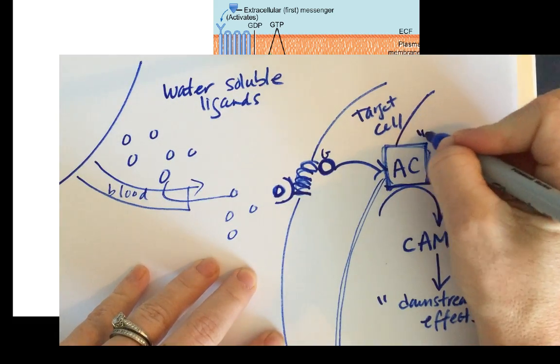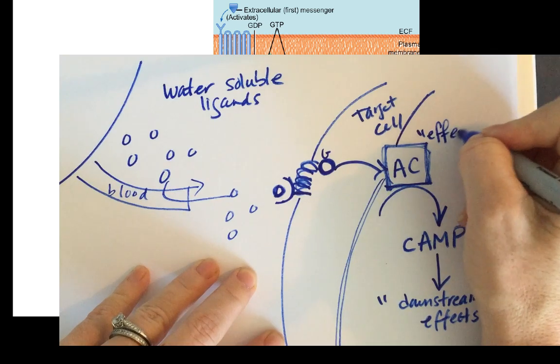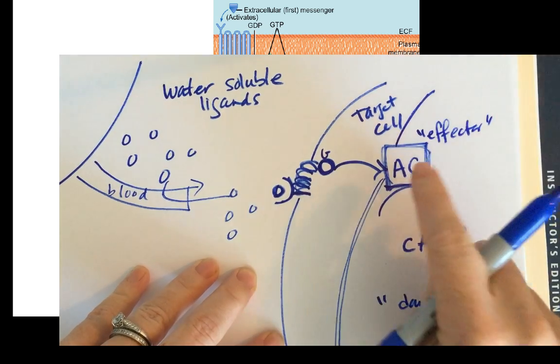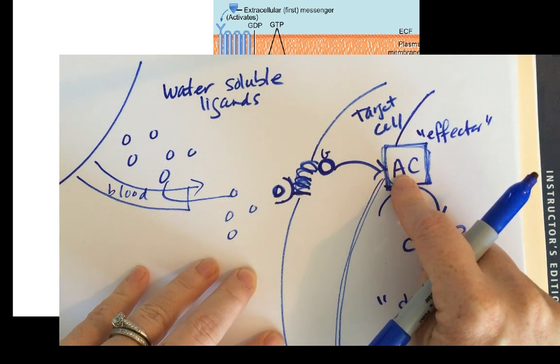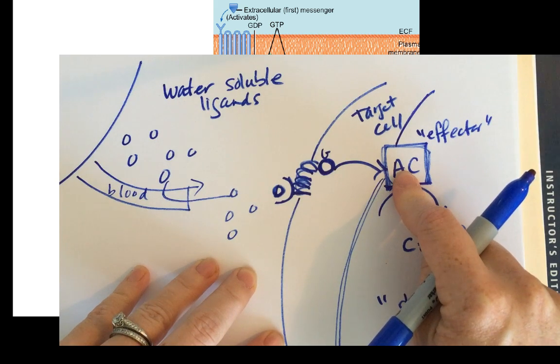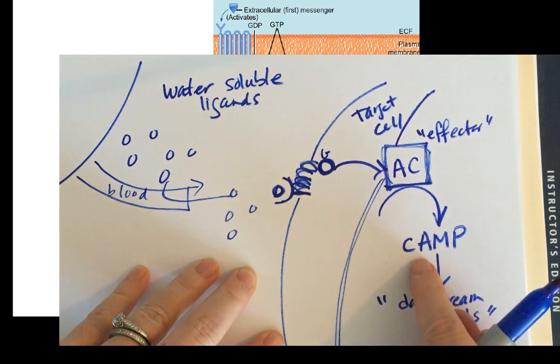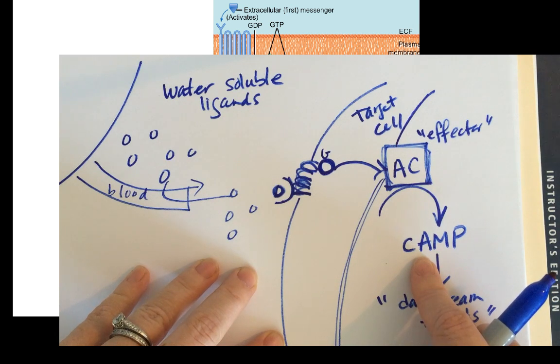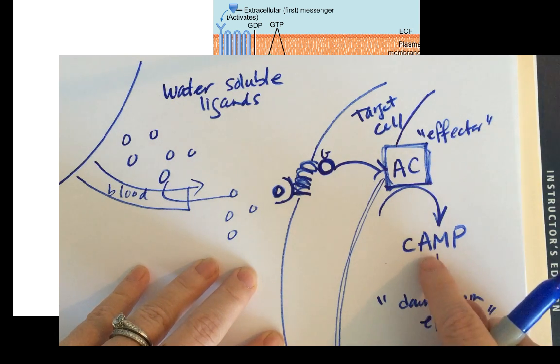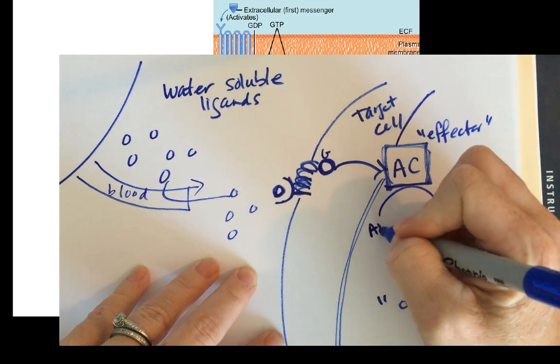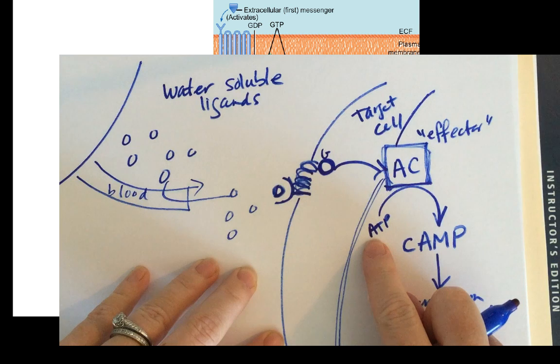That is what we consider the effector, because that is what is directly changed by the G protein. Adenylate cyclase then will produce this next molecule, cyclic AMP. Now this AMP is actually derived from ATP.